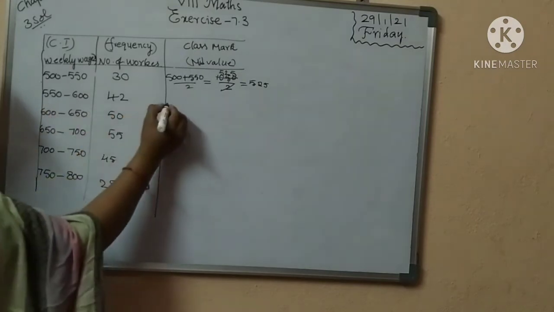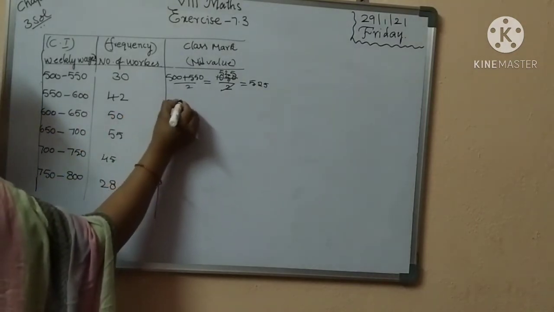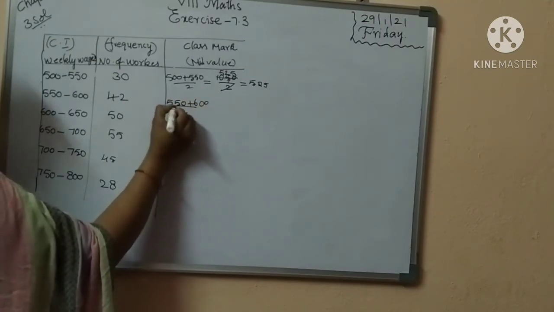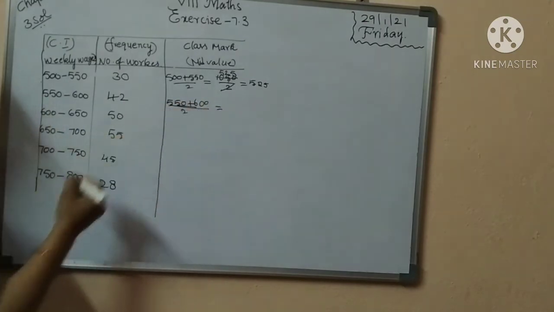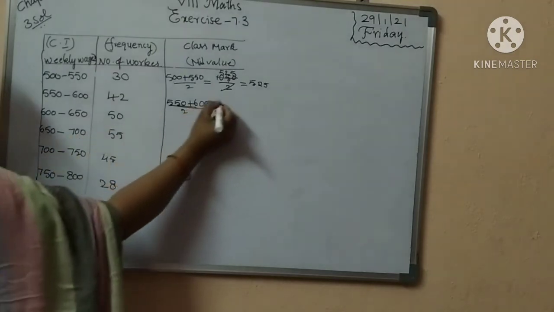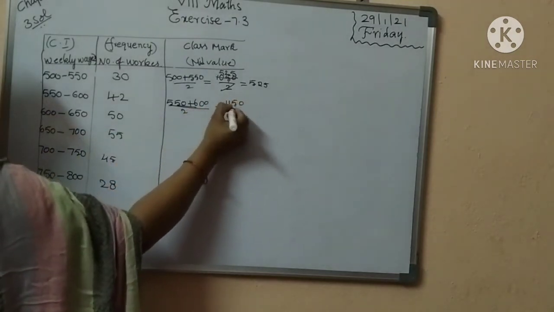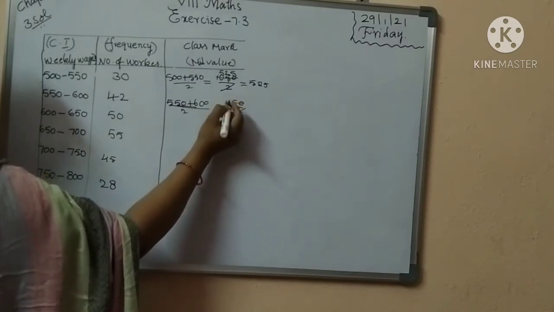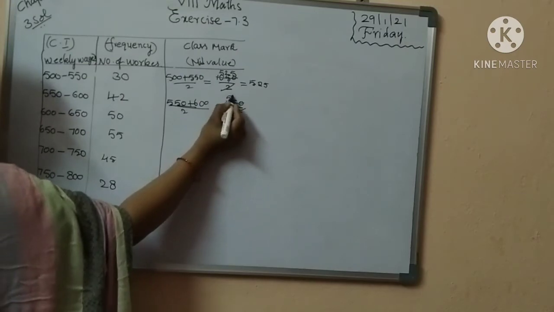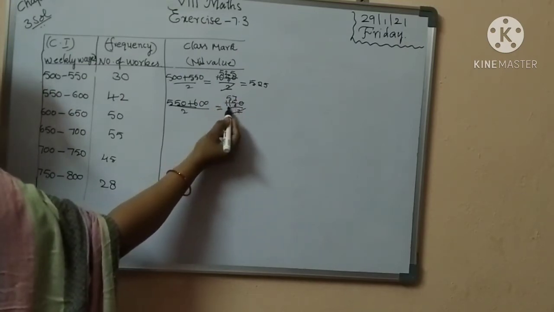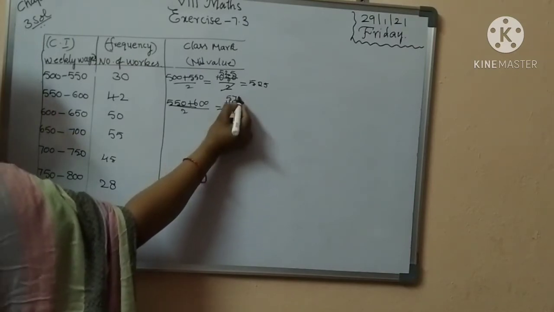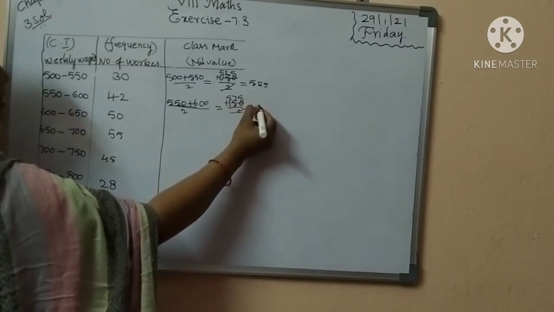Next one, the second class. 550 plus 600 by 2. 550 plus 600 is 1150. 1150 by 2. 5 2s are 10, the remaining 1, 1 5 is 15, 7 2s are 14, 15 minus 14 is 1, 1 0 is 10, 5 2s are 10.